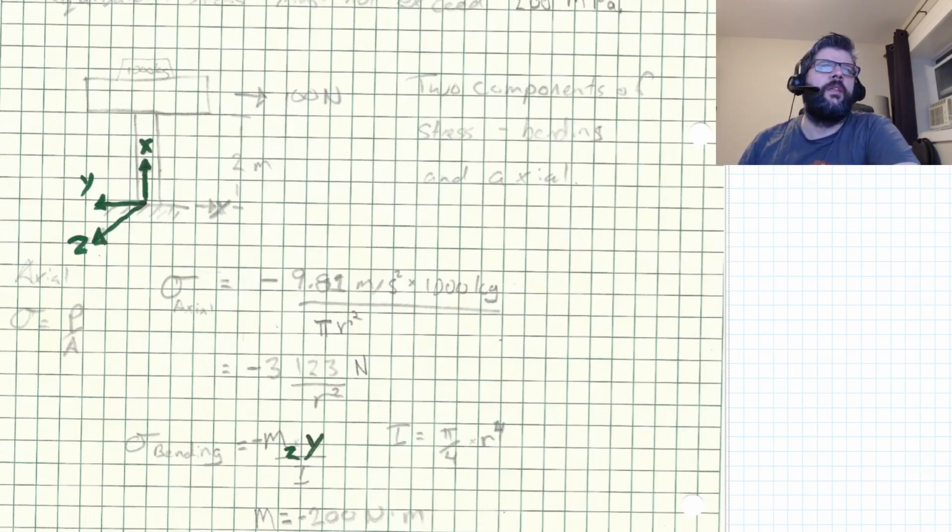But there are 2 loads, and each of them is going to cause a stress of some sort. Now, we're going to be worried about the bending, and we're going to be worried about the axial. So the axial will be caused by the weight pushing downwards. The bending will be caused by this 100 newton wind force here.